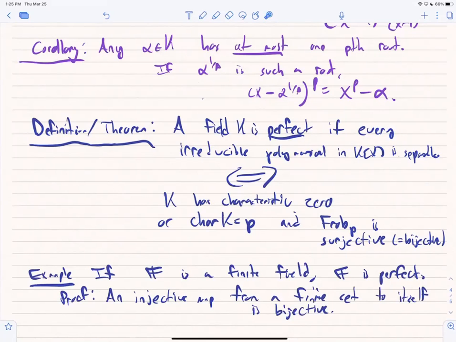Because of this, a lot of times this notion is completely ignored in a first class on field theory, a first treatment of Galois theory, and that's basically a reasonable approach. But it's good to understand that this issue is out there, and it's quite important in lots of things, actually. So it's good to be aware.